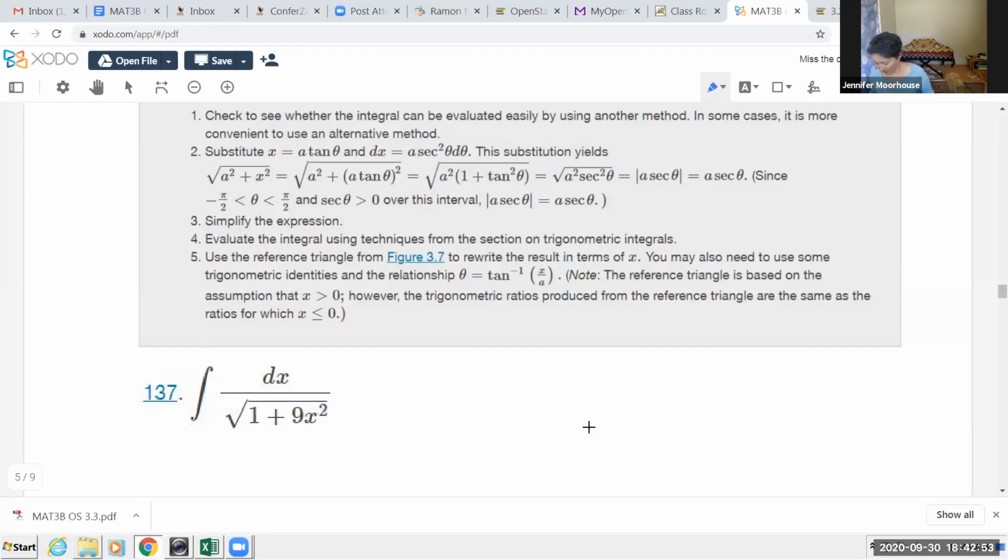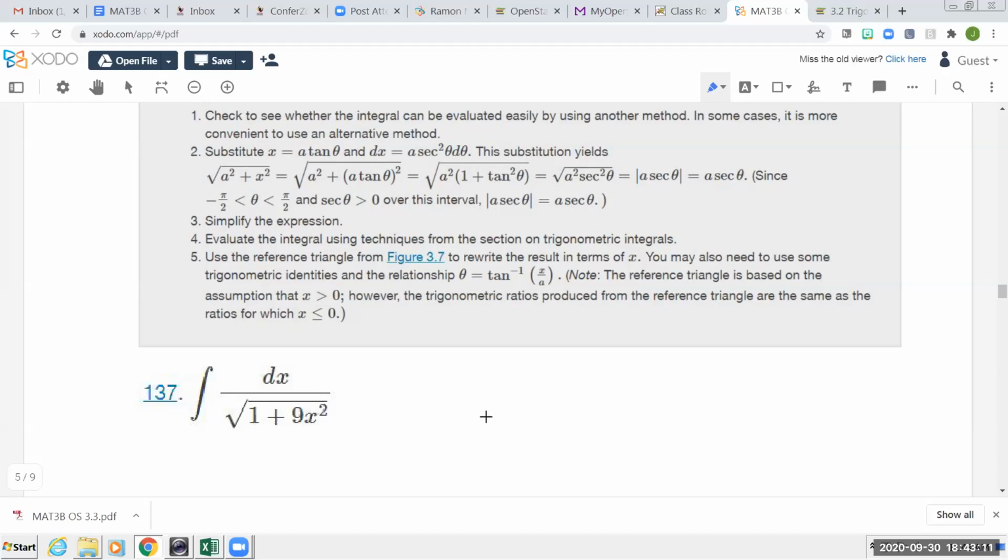Ramon, I'll pick on you this time. Any ideas? Did you want us to use the tangent?